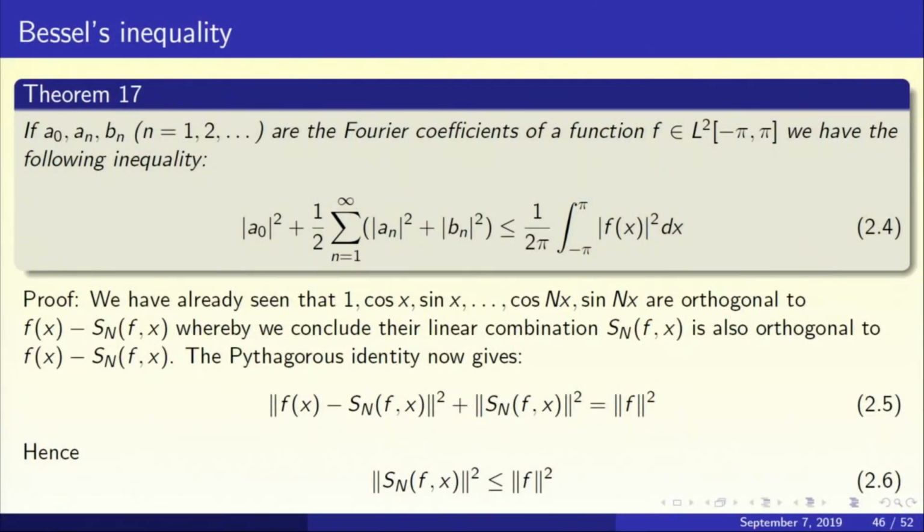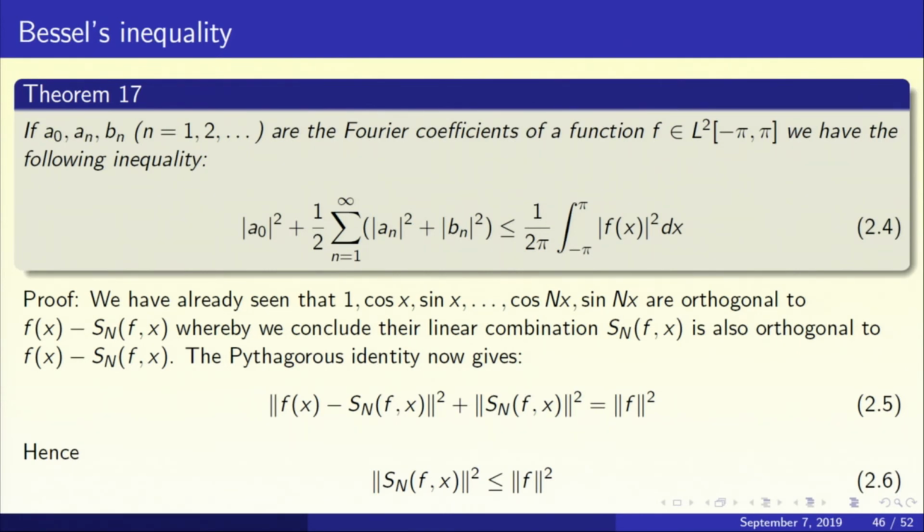Bessel's inequality states that if a_0, a_n, b_n, n equal to 1, 2, 3 and so on are the Fourier coefficients of a function f in L² of (−π, π), we have the following inequality: |a_0|² + 1/2 Σ_{n=1}^∞ (|a_n|² + |b_n|²) is less than or equal to 1/(2π) ∫_{−π}^{π} |f(x)|² dx, which is equation 2.4 in the slide. So let's start the proof without any delay.